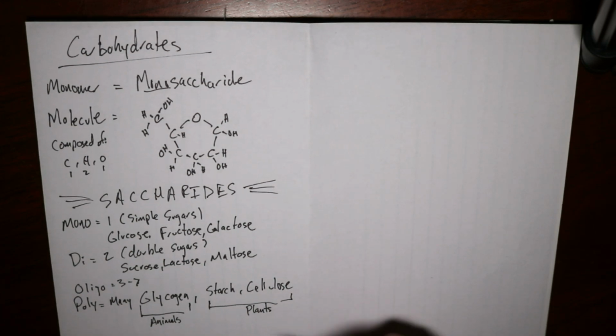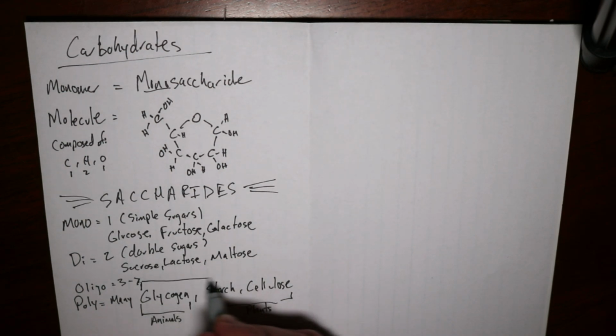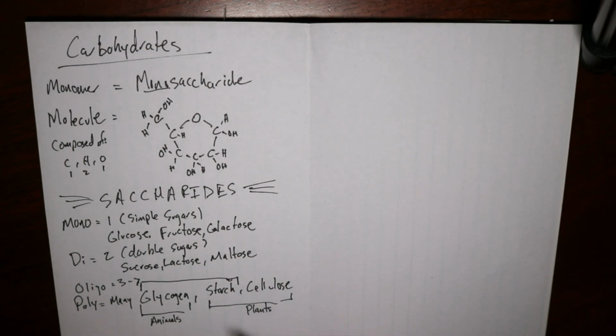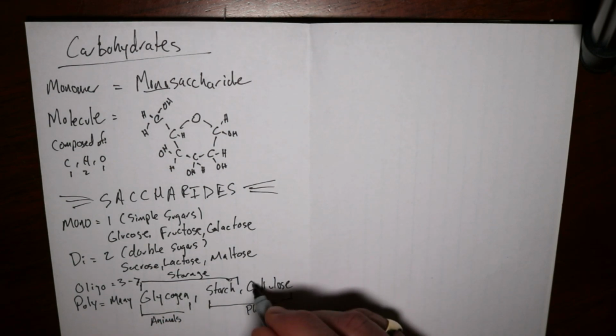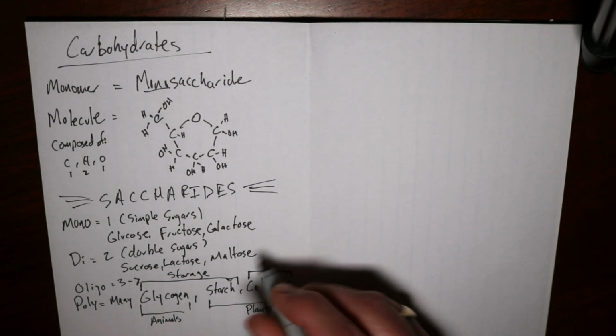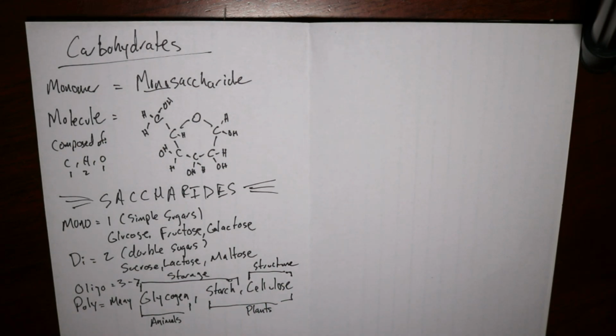All right? Good. Let's go above that and do the same brackets, but the brackets are going to go in a different place now. Glycogen and starch are for storage. They store sugar. Cellulose is for structure. So cellulose is for structure.